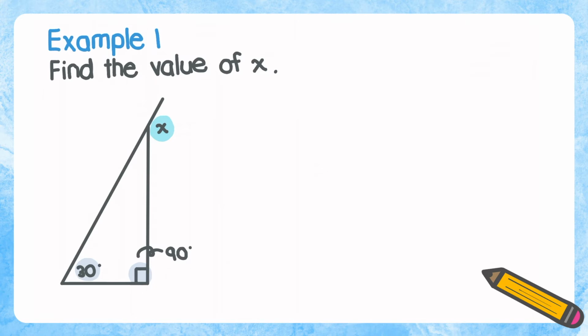Now that we've identified the exterior angle along with its remote interior angles, let's use the exterior angle theorem to find the value of x. I know that x equals 30 degrees plus 90 degrees.